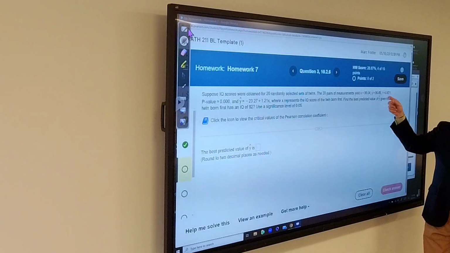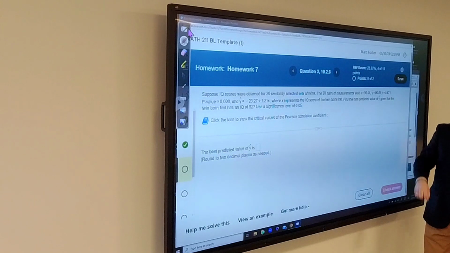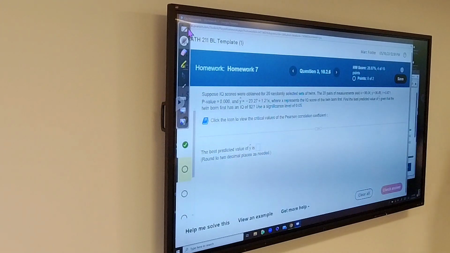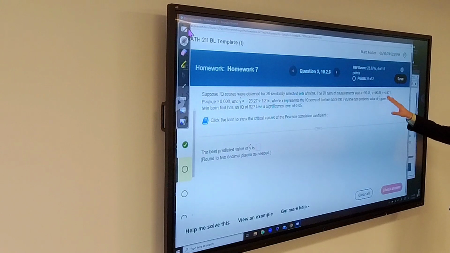Look at my R value. It's pretty close to 1. It's 0.87. That's pretty strong. That's a lot stronger than like a 0.3. So I'm expecting these data points, whatever they are, I can't see the graph, but I know that they're pretty close to that trend line, and that this trend line is positive.